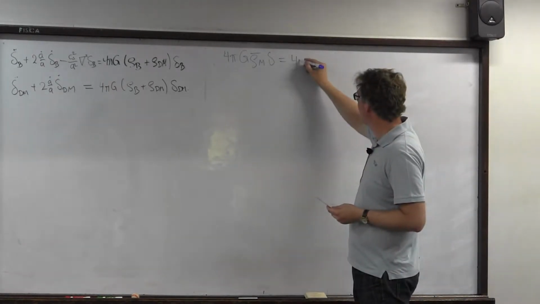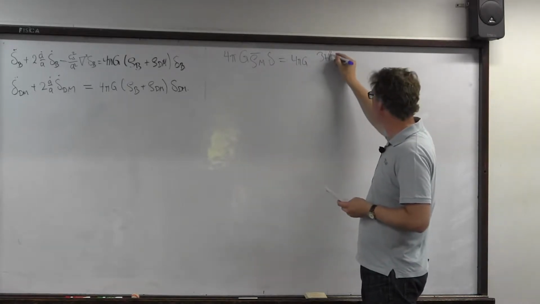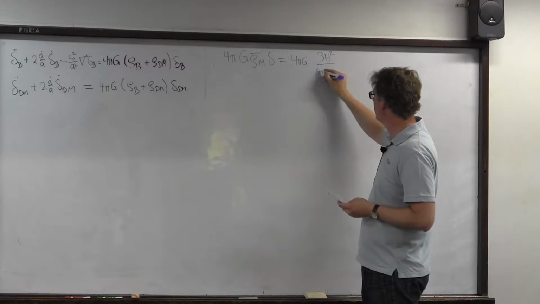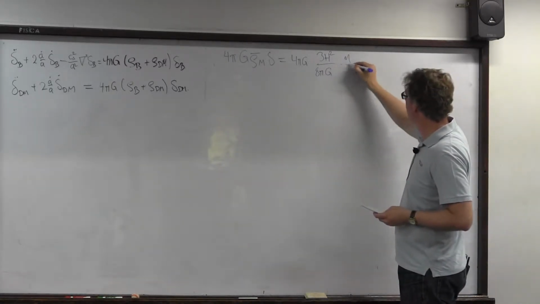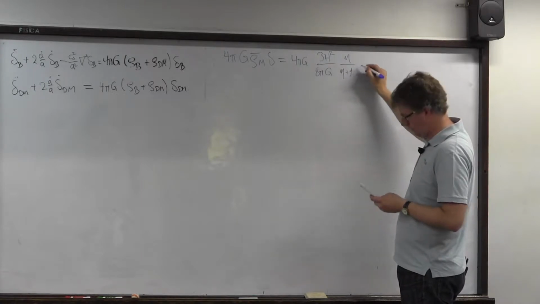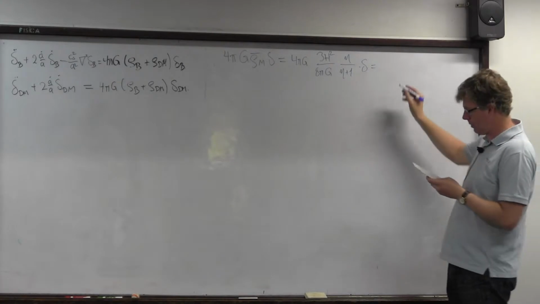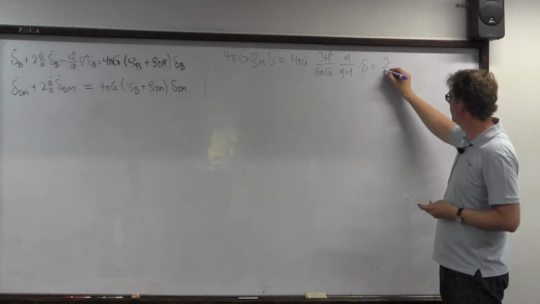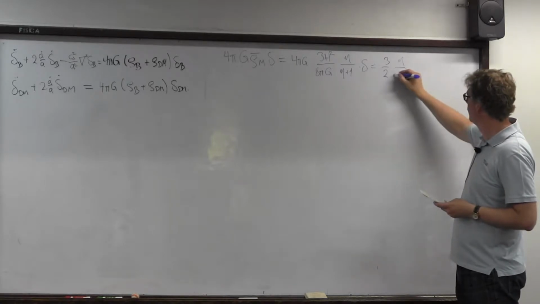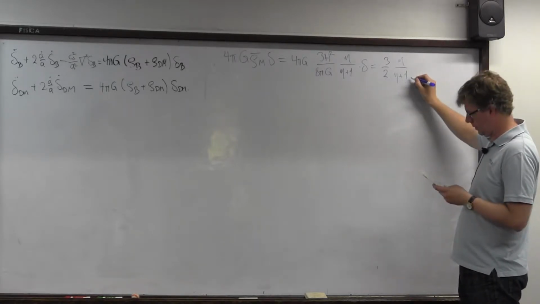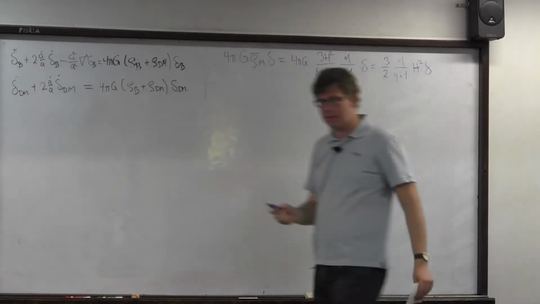And that's 4πG times 3H²/(8πG) times (η plus 1) times δ. And so that's now simply 3/2 (η plus 1) H² δ. So that's the right-hand side of this equation.